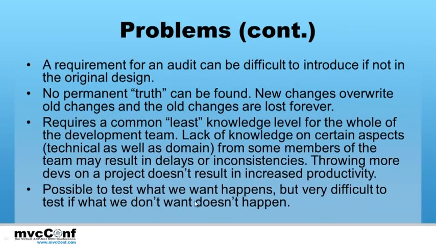One more thing is that it's possible to test that what we want has happened in a typical application, but it's very difficult to test if there have been some unintended consequences. With CQRS and event sourcing, the domain model or the domain objects in your application come down to simply taking in parameters and generating events.